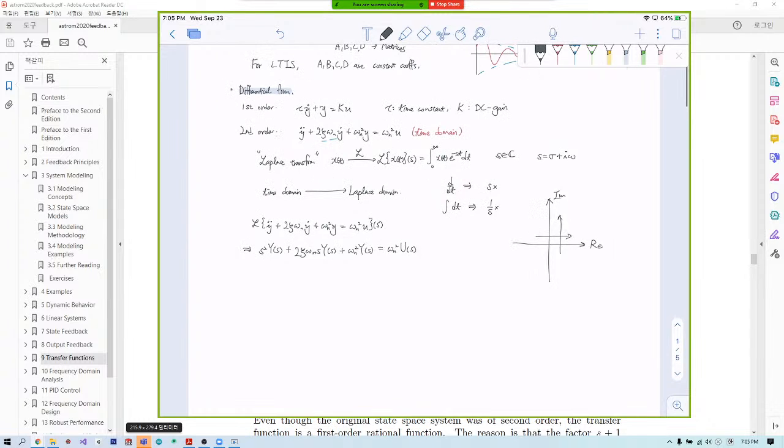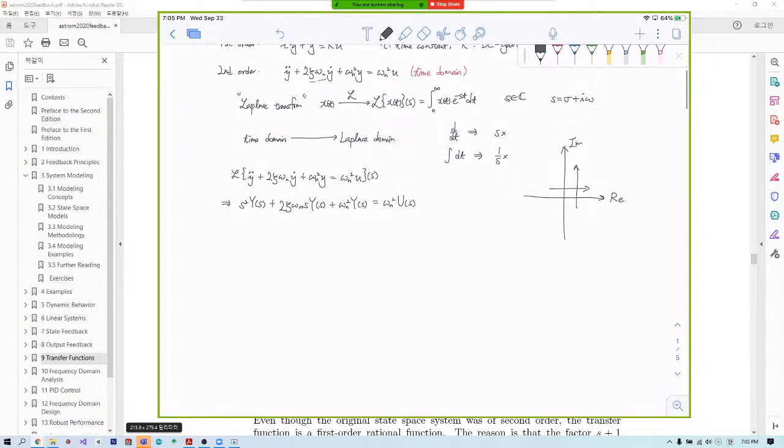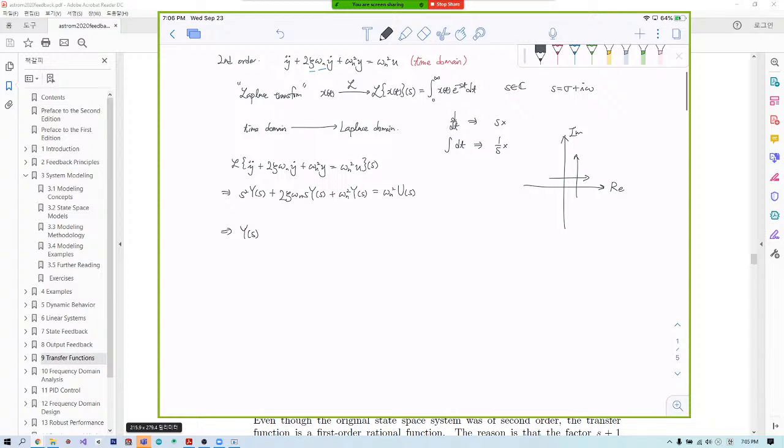Okay, so we can rearrange what we have here. We can factor out Y(s), and we're going to be left with Y(s) times (s squared plus 2 zeta omega n s plus omega n squared). That's equal to what?